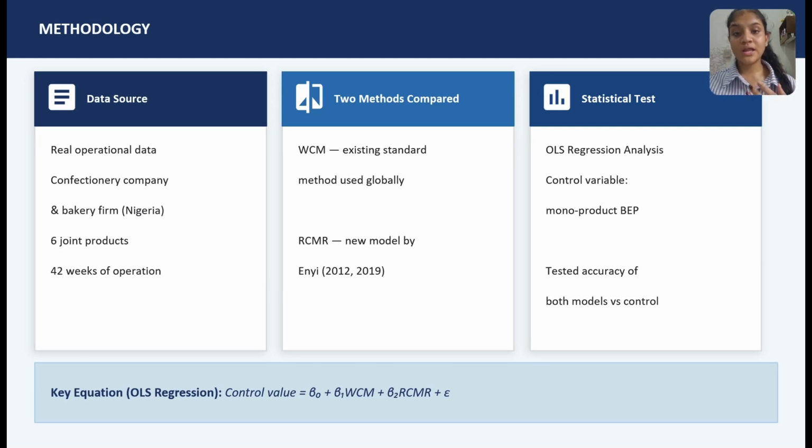He used OLS regression analysis to statistically test which method was more accurate. This is the actual data used in the study: 6 products from a real company with their sales quantities, selling prices, variable costs, and their contribution margins.